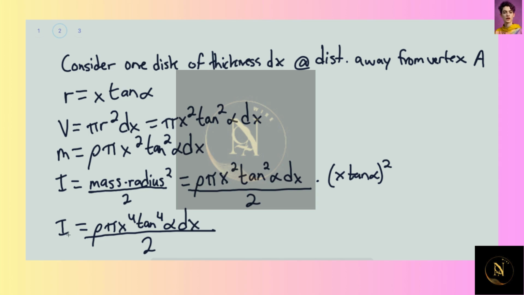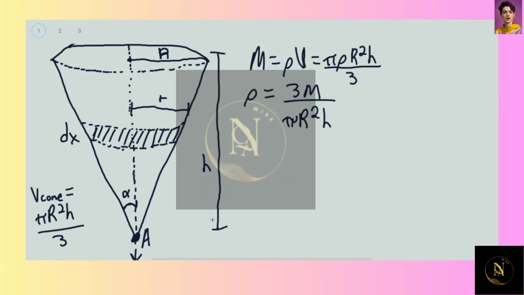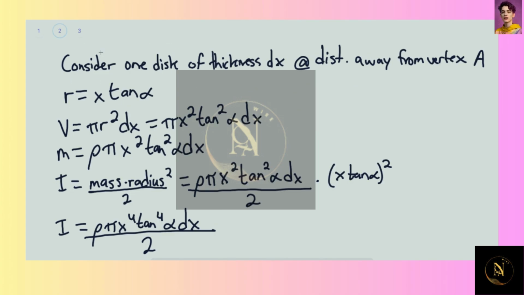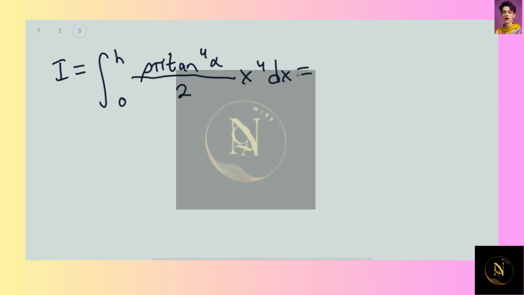So in order to find the true moment of inertia, we integrate this from 0 to the full height of the cone. We simply have to go through the full length of the cone with respect to x, and we would find the moment of inertia.